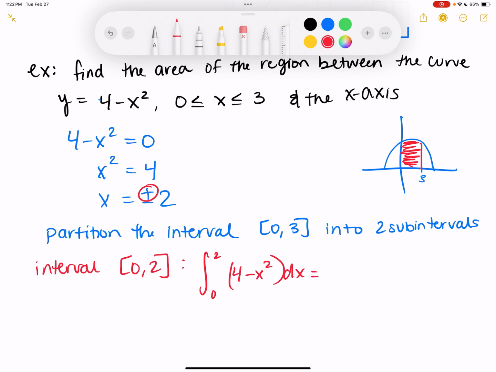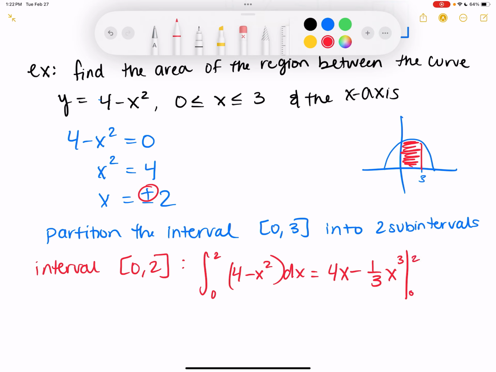What is the antiderivative of this? 4x minus 1/3 x cubed, evaluated from 0 to 2.